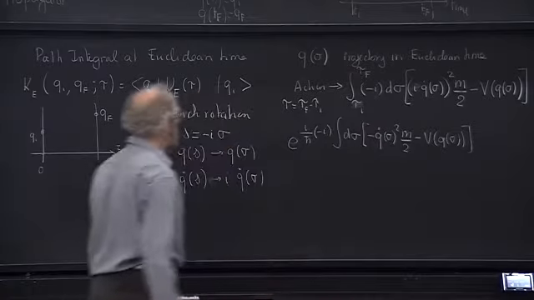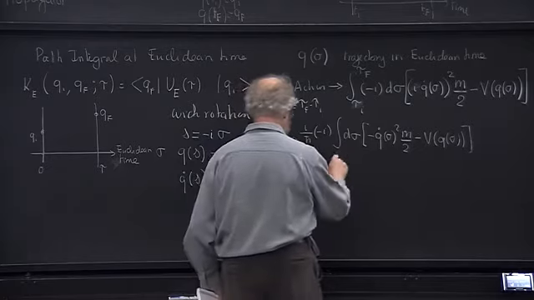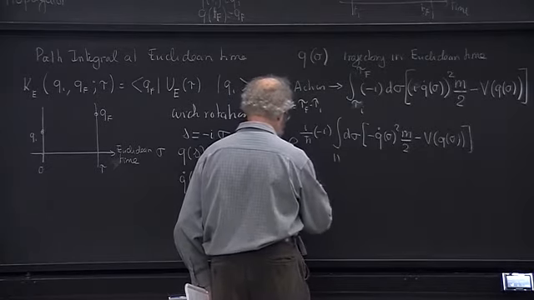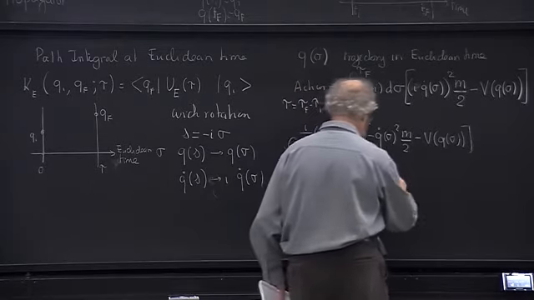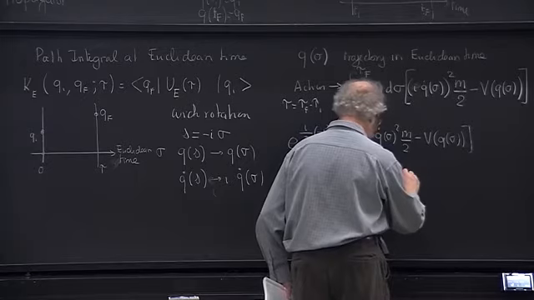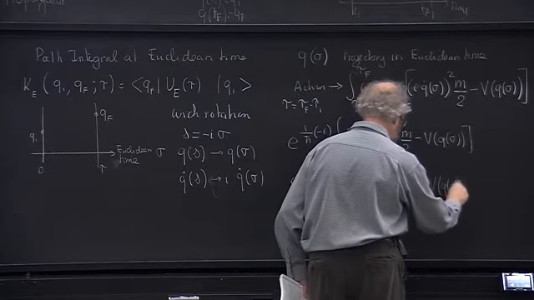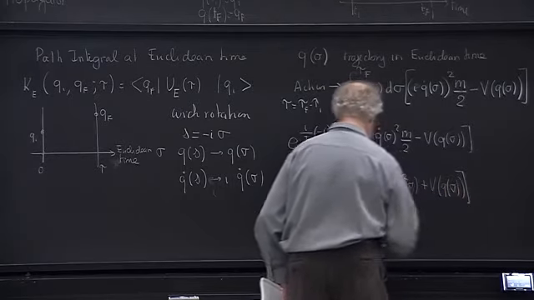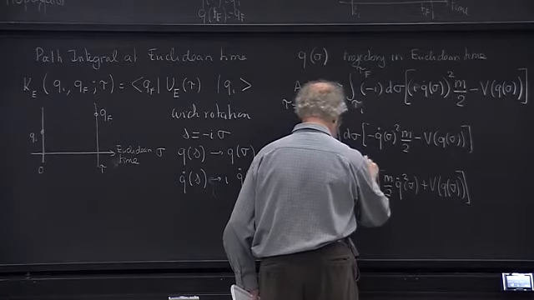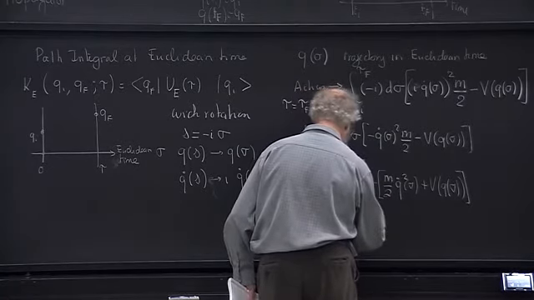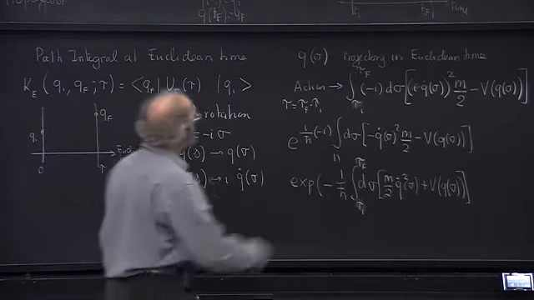Okay, this gives a factor 1 and this gives a factor minus 1, so this becomes exponential of minus 1 over h bar integral over d sigma of m over 2 q dot squared of sigma plus V of q of sigma. Okay, from the initial time tau initial to tau final, or if you prefer, from 0 to tau.